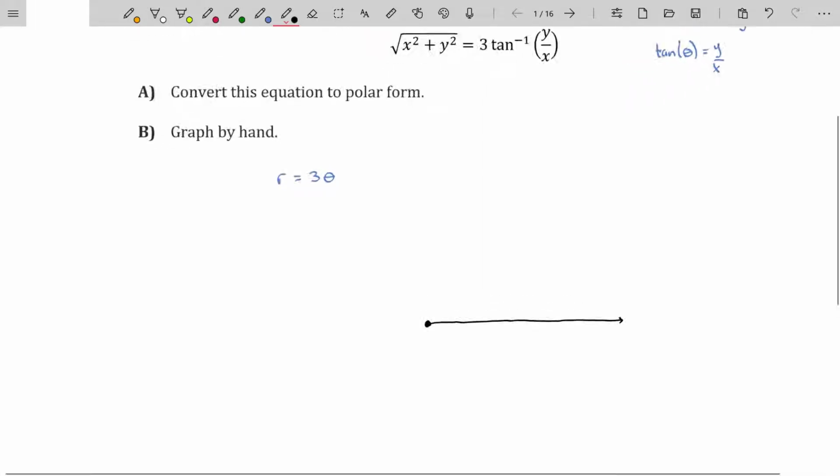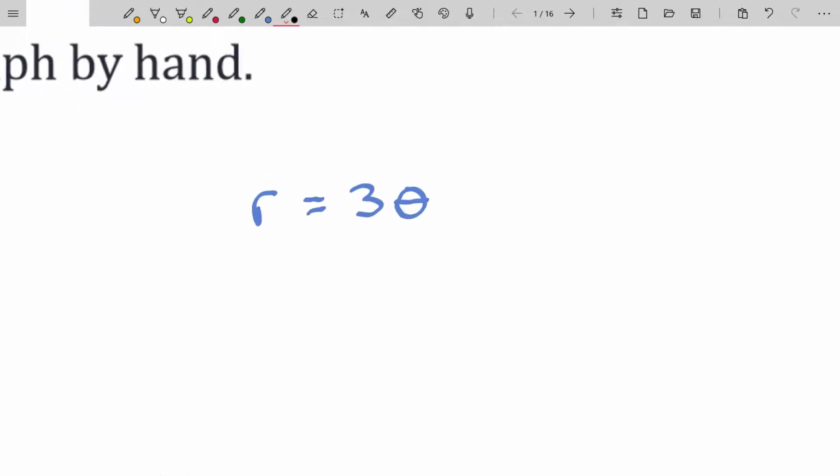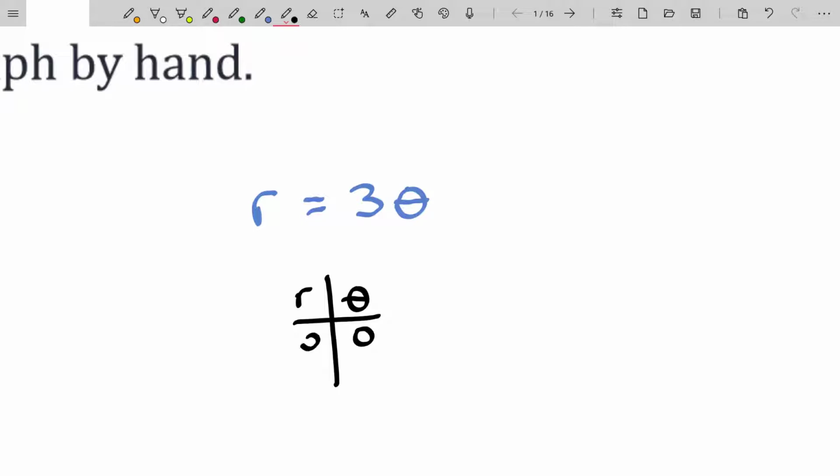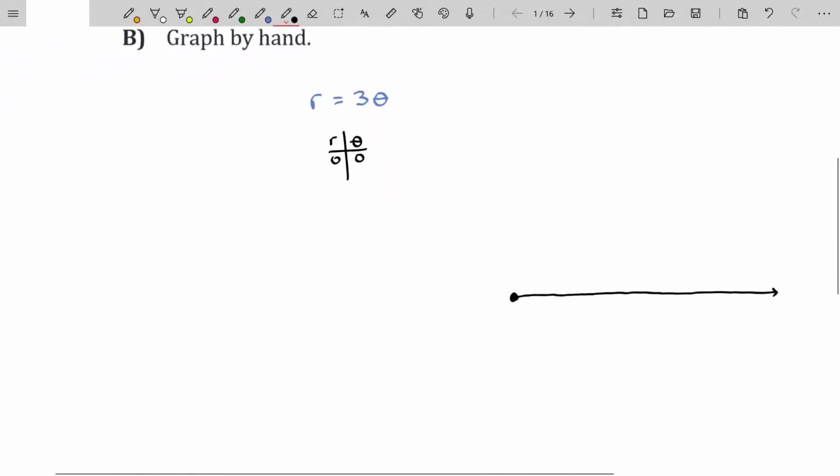So imagine that you're facing the direction of 0, r against theta. If you're facing the direction of 0 radians, r by this equation would be 3 times 0, or 0. So I know my initial point with this curve is just 0, 0.